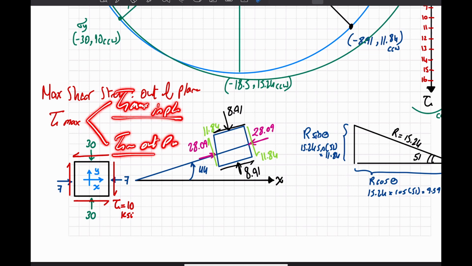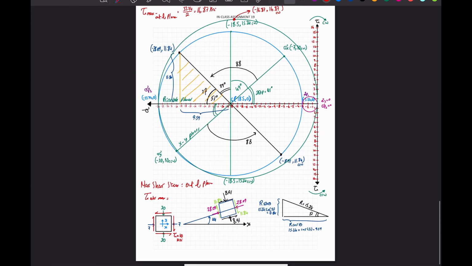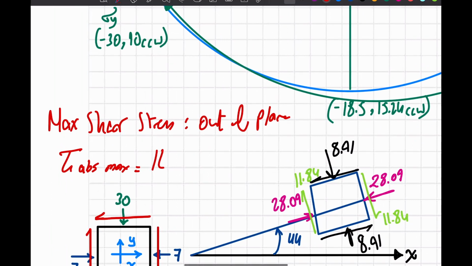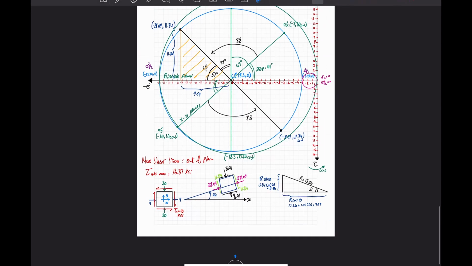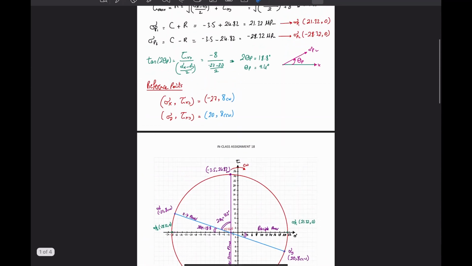So the larger of them is what we call the absolute maximum shear stress, which is the larger of the in plane and the out of plane. And as we can see, this is our absolute maximum now. So I'm going to write 16.87 KSI.